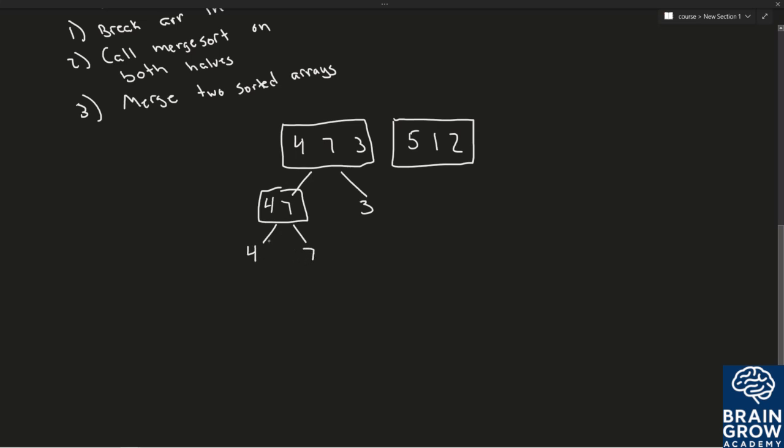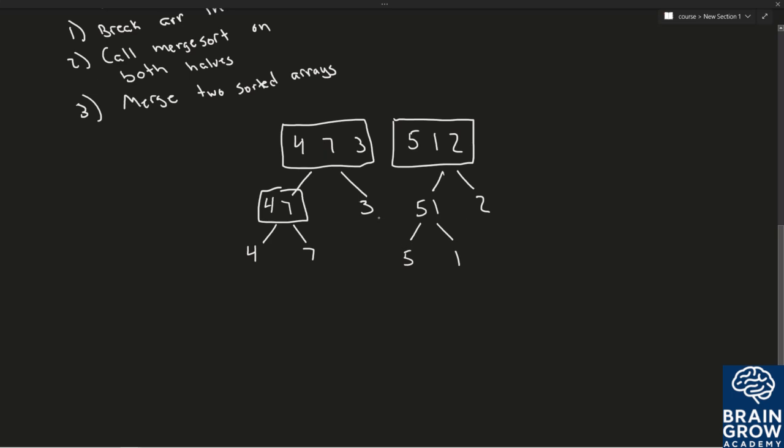Now we know that 4 and 7 are sorted and our base case is satisfied. So we can also begin working on this one. We will have 5 and 1, and then 2. Obviously 2 is sorted, and now we will have an array of 5 and 1 here as well. So we now have a total of six arrays, technically, of 4, 7, 3, 5, 1, and 2.